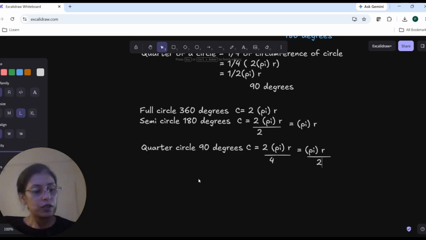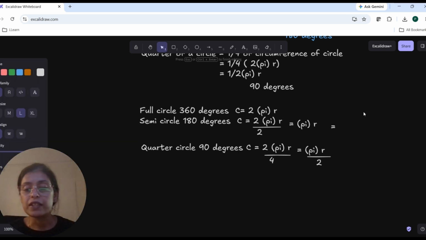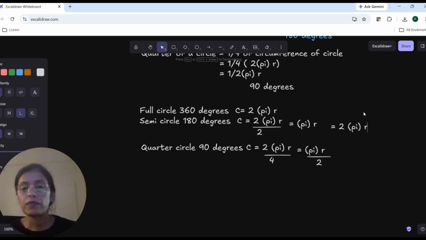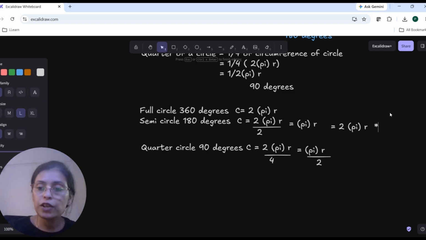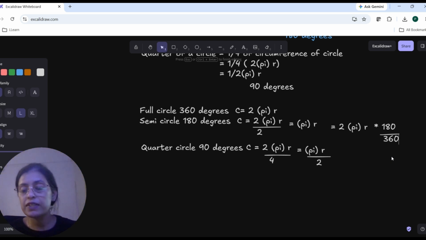right? So with this, what we observe is, we can say that it is circumference of full circle, which is 2 pi r, into 180 by 360.